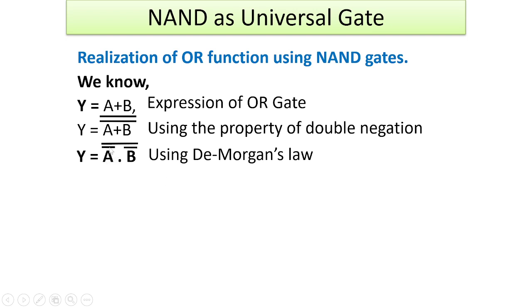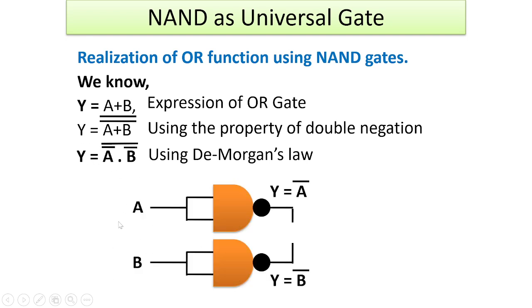Here we will use one inverter, another inverter constructed out of a NAND gate, and finally we will put those into another NAND gate to get the final output. So the first one is A, tied together we get A bar, then we have B, tied together we get B bar, and then these two are put into another NAND gate and we get the final expression, which is nothing but the OR gate.